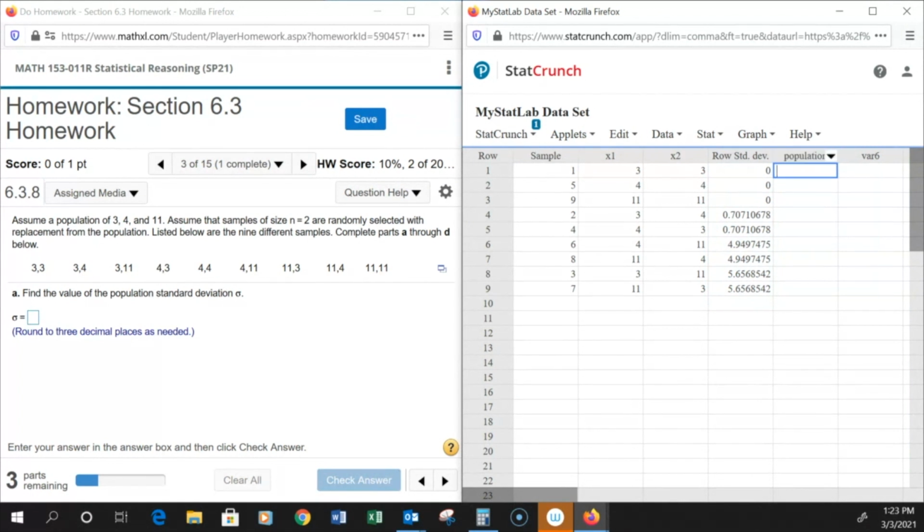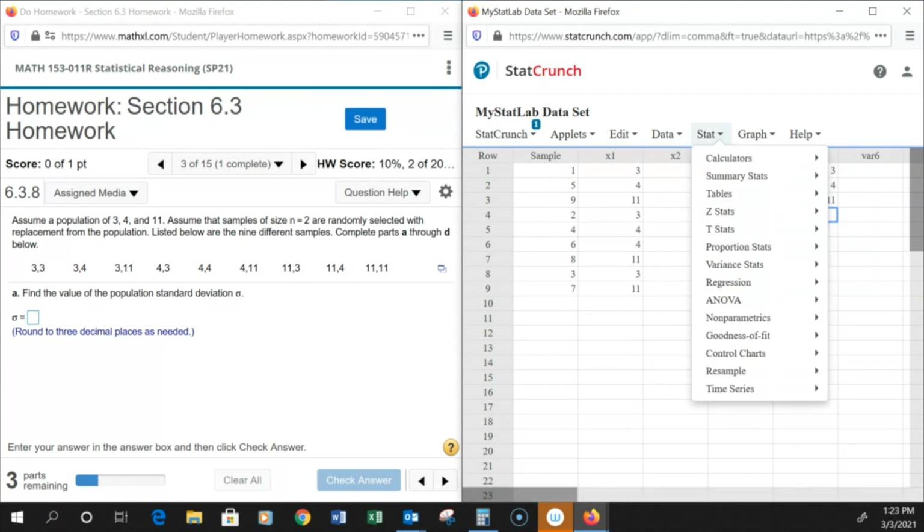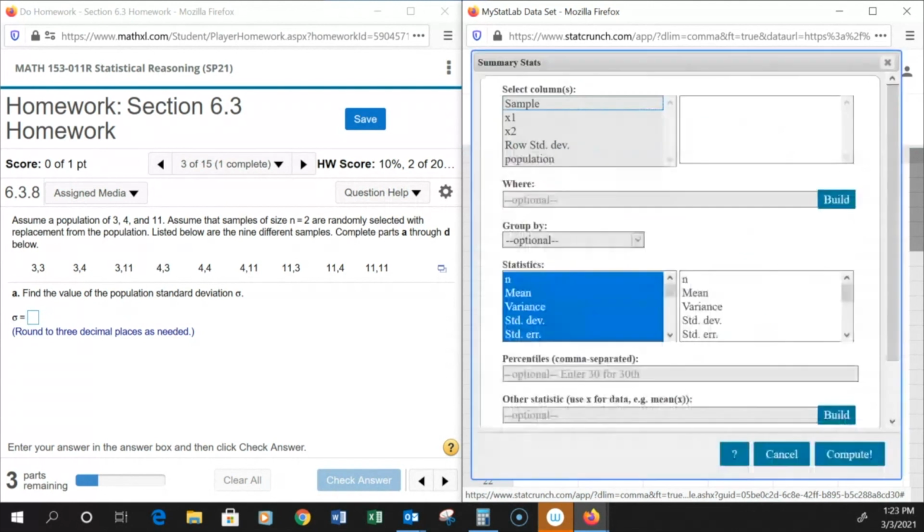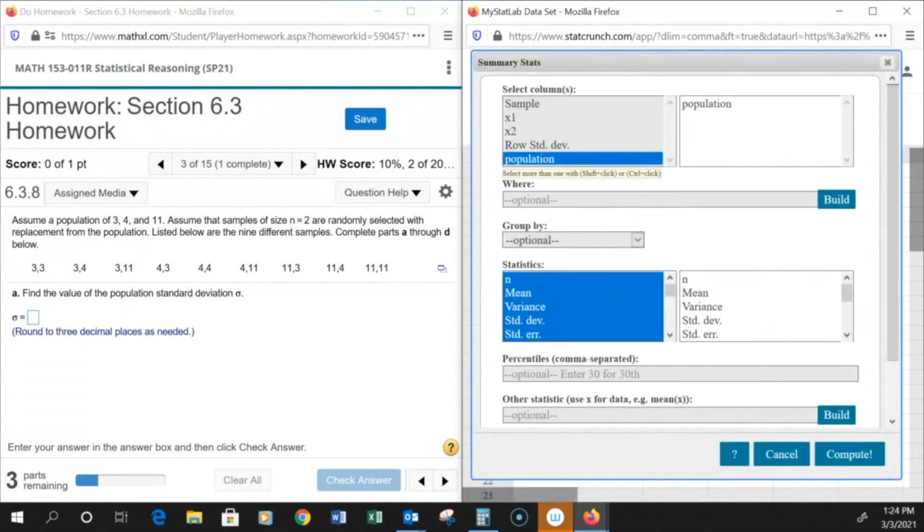We create a population column, and then we put in the three values, 3, 4, and 11. So here comes the 3, here comes the 4, here comes the 11. We go up to Stat, we go to Summary Stats. That population list of values is in a column that I conveniently labeled population, so I don't have to remember what it was.